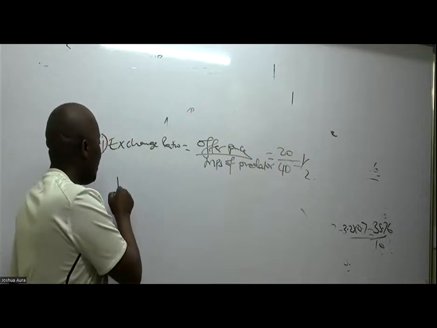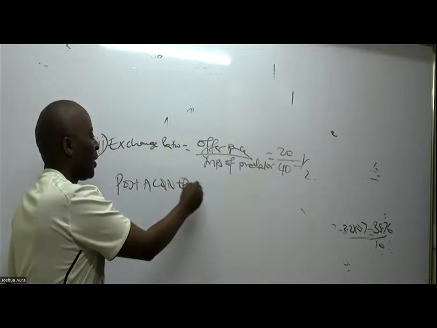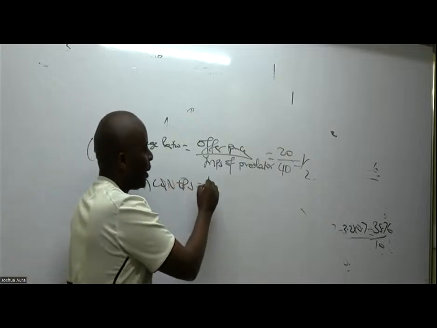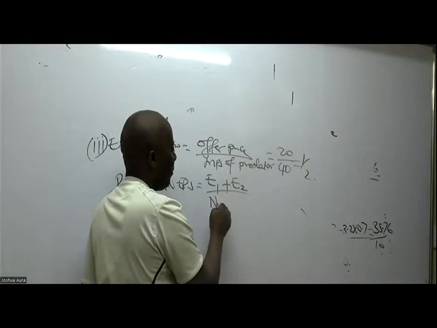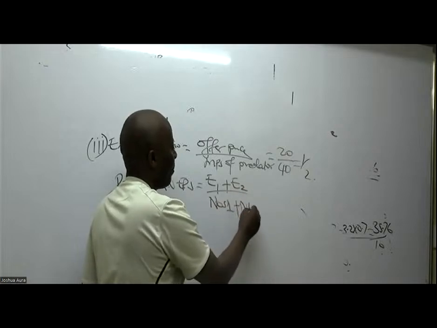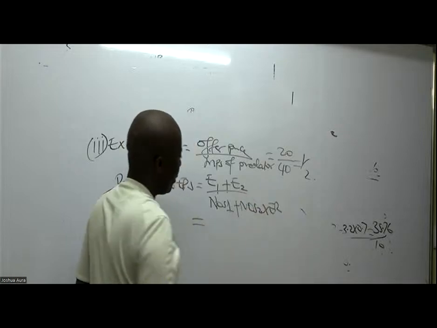Then go ahead and give us the post-acquisition EPS. This will be earnings of company 1, plus earnings of company 2, over the number of ordinary shares of company 1, plus the number of ordinary shares of company 2 multiplied by the exchange ratio.